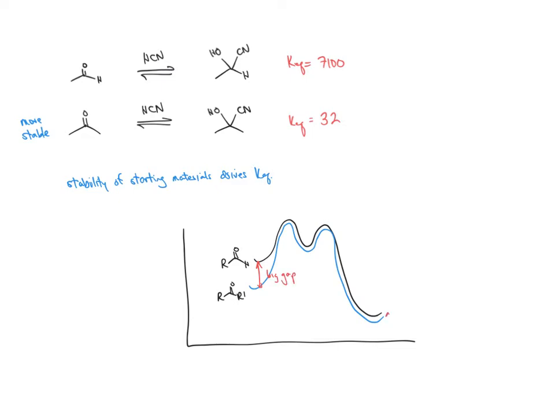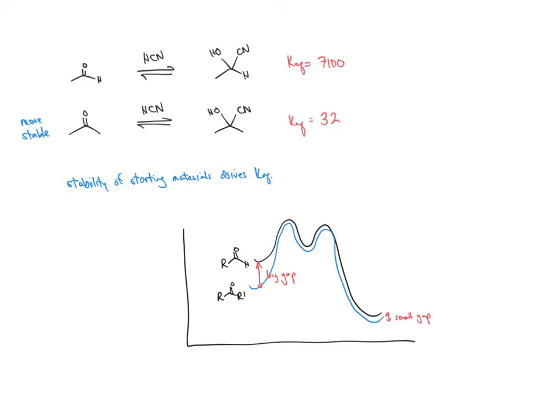So there's a big gap there, and there's only a small gap here. Okay, so this gives rise to a much stronger KEQ for the aldehyde in favor of the products than it is for the ketone. Ketones are more stable than aldehydes, and since the energy of the transition states and the energies of the products are about equal, there are large differences in reactivity.